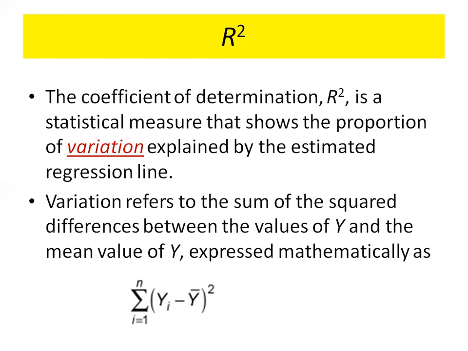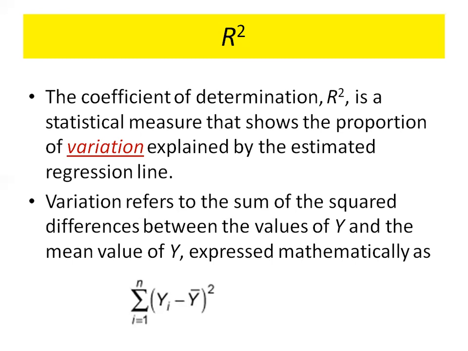So the independent variables have an effect on y, and how much of the effect is explained in the total variation? If y is changing by 100%, how much percentage of the variation is explained by the estimated regression line or by the independent variables? That is what R squared is all about.